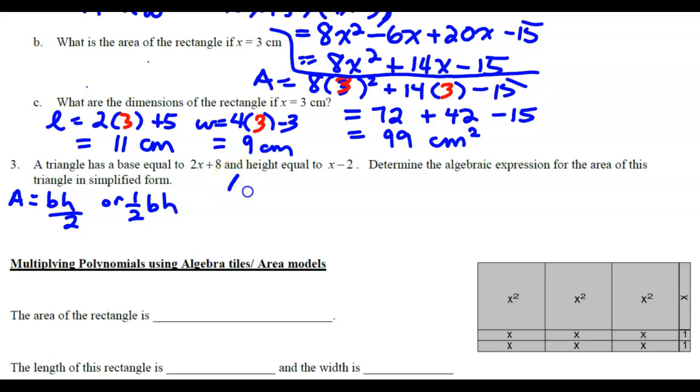So here, if I do base times height divided by 2, it'll look like that. If you put the half out front, it'll just be out front. But you have to expand and simplify. So multiply through, get rid of the brackets.